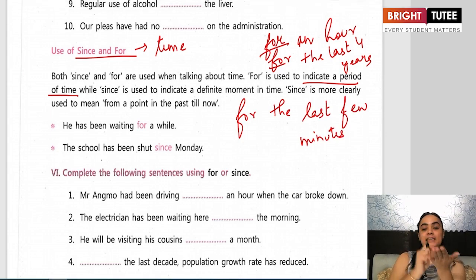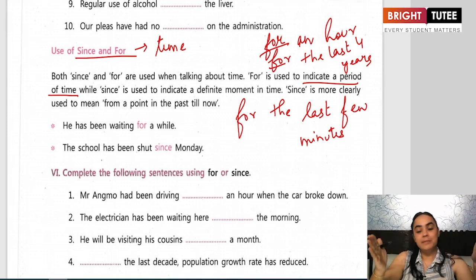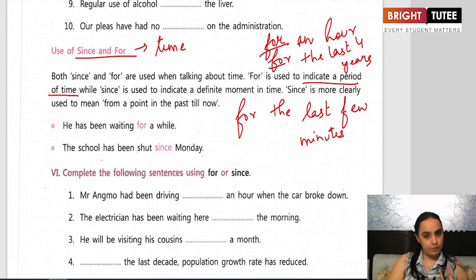So when I know exactly what period of time I am talking about, period means in itself something which is extended. So I use "for" it.